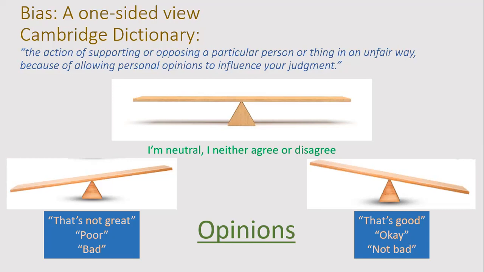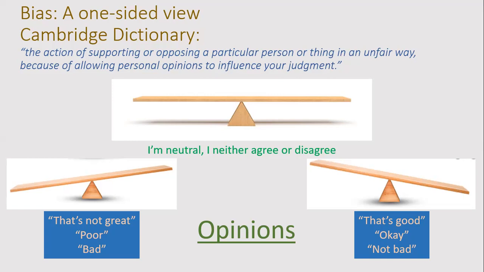Whereas if we look at the other side of the argument, there might be those who say, oh, well, global warming is just a myth and it's a load of rubbish. And you generally find bias is not in the middle, okay?